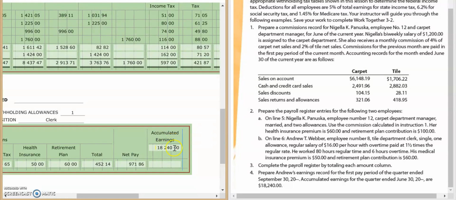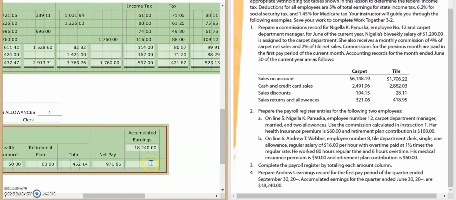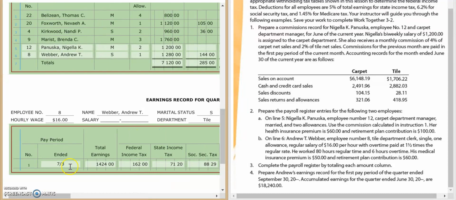So what we need to add to this is actually the amount over here from total earnings. So we take 1,424 and we add that to his 18,240, and we get an updated accumulated earnings for him of $19,664. Because we're not talking about net pay here, notice that it says the word earnings. So we want to add his total earnings over here.